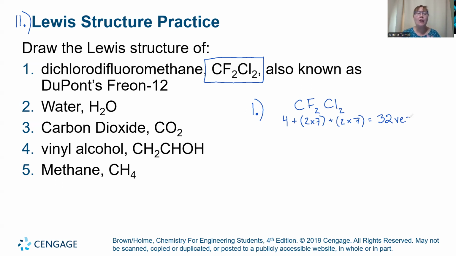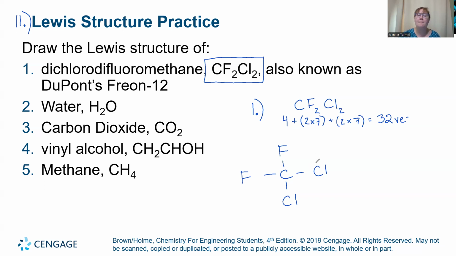Now our next step is to place our carbon in the center. And now we're going to put the chlorines on one side and the fluorines on the other side. It's a very long reason why we do that, and I can explain it to you in class if you want to know. But whenever you have something like this, go ahead and place them on the sides like that.